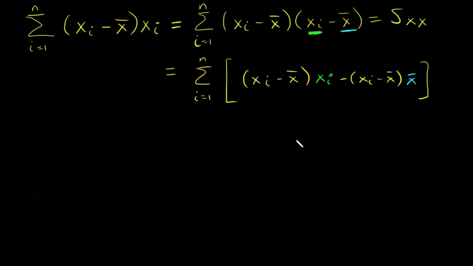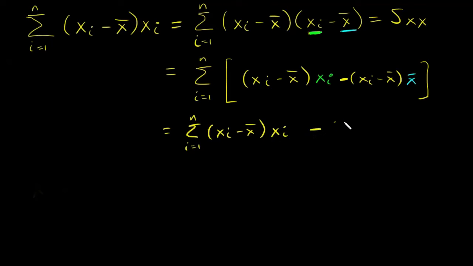Okay. So now this is the sum of a difference, right? So I can make this the sum of each piece. So the sum from i equals 1 to n of (xi minus x bar) times xi, okay?